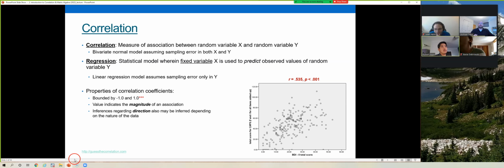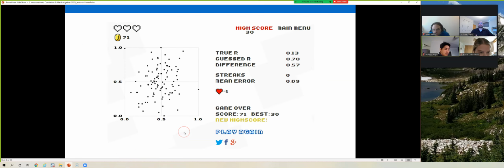So if you want to practice looking at correlations, I would click this link down here. Guess the correlation. This is a fantastic online program that gives you scatter plots. It's probably the best video game in existence. What you get to do is guess your values for the scatter plot, and then you get scored.